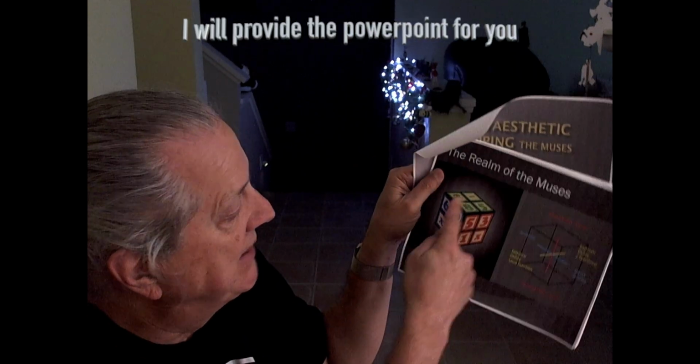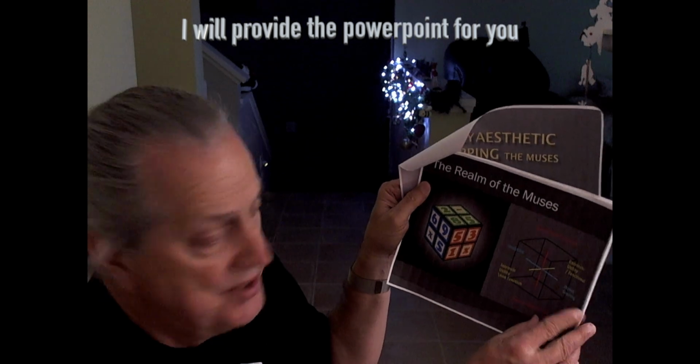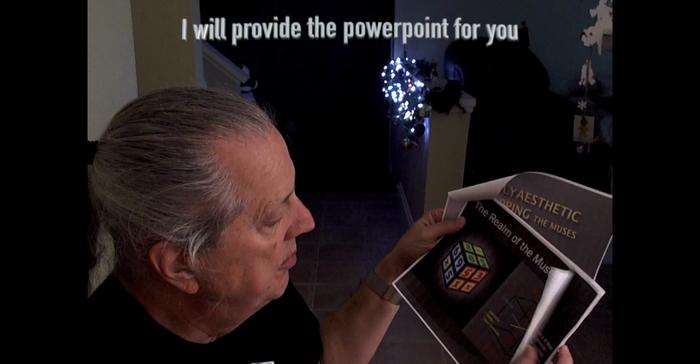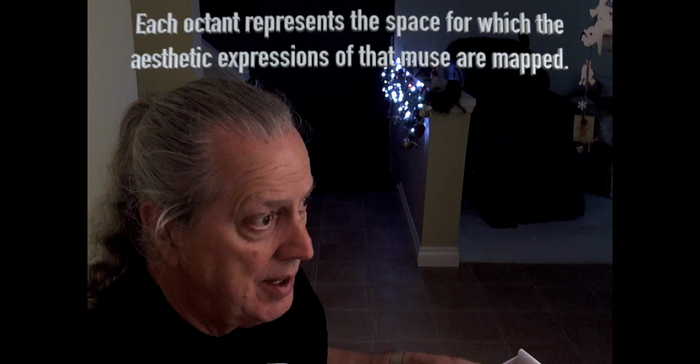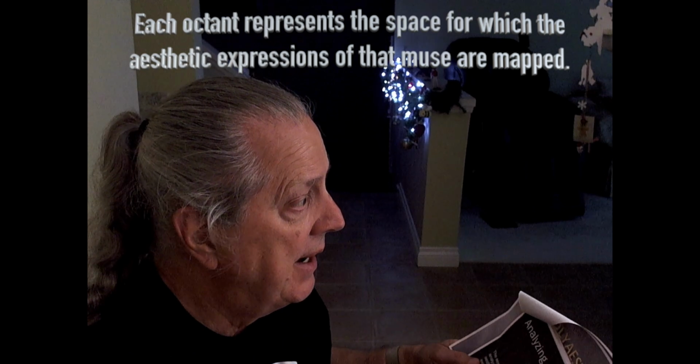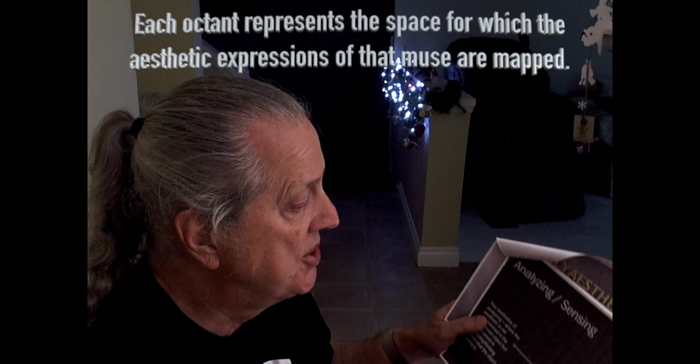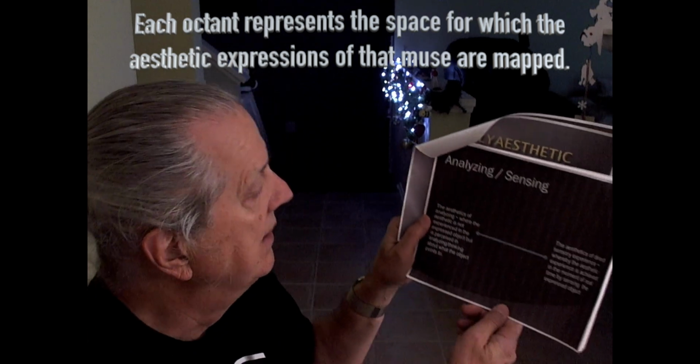The system is basically like 8 octants, 8 little cubes. Each of the cubes represents a muse. So a muse inspires the aesthetics in that octant.